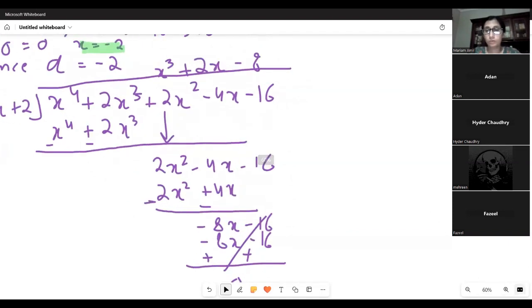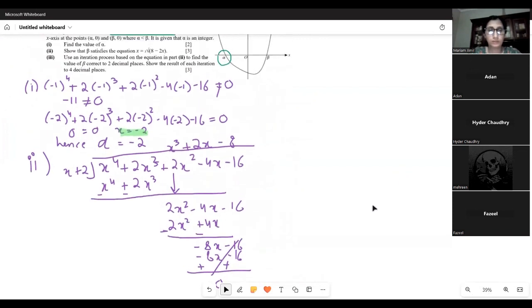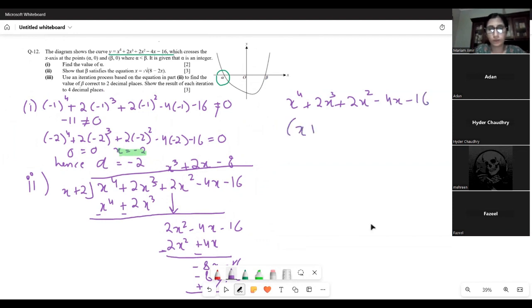Okay, so the equation x power 4 plus 2x cubed plus 2x squared minus 4x minus 16 can be written as product of the two factors.